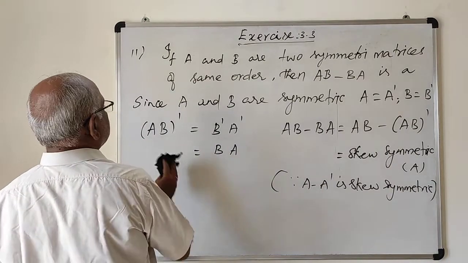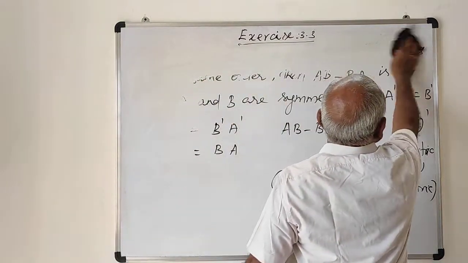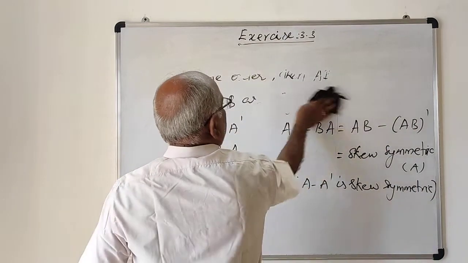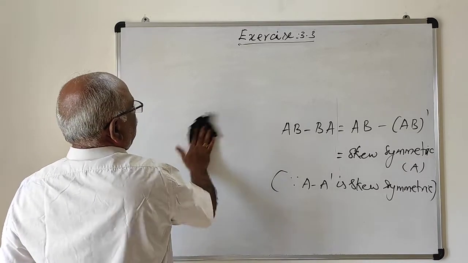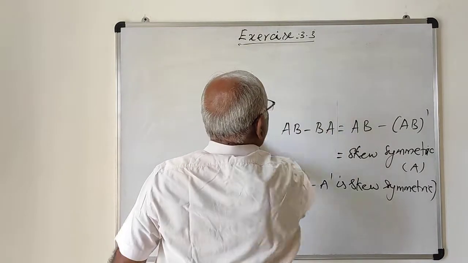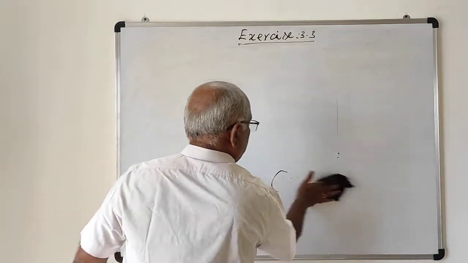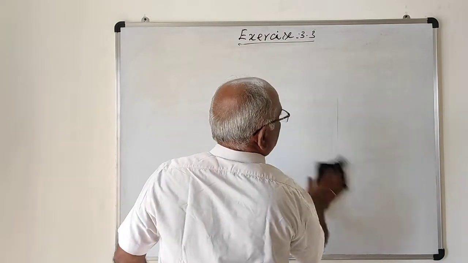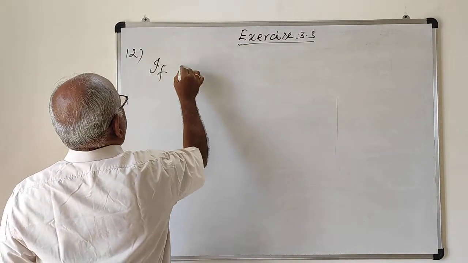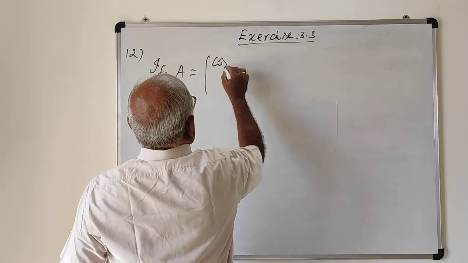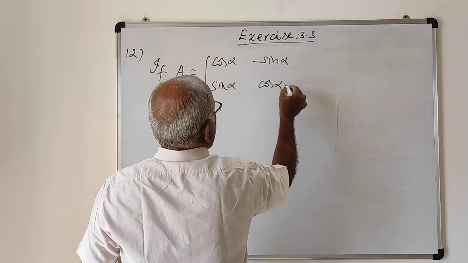Next, 12th problem. If a matrix A is given as cos alpha, minus sin alpha, sin alpha, cos alpha, this is the matrix A given.